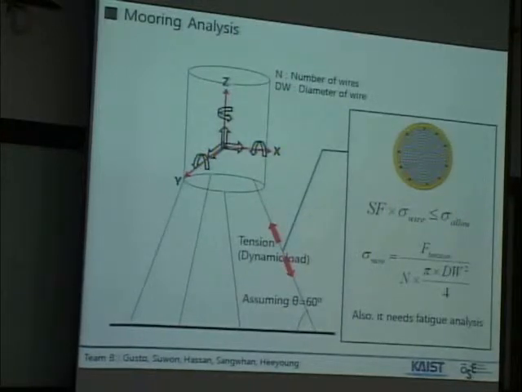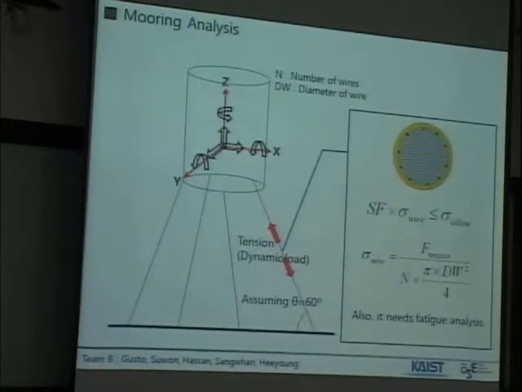It means that the stress of the wire multiplied by the safety factor should be less than the allowable stress level of the tension wire. So this concept can be formulated with this term. And also we need some fatigue analysis because this wire is under tension and compression continuously.